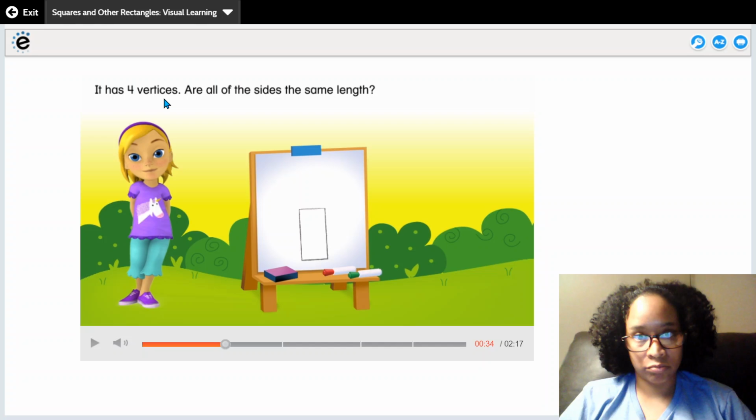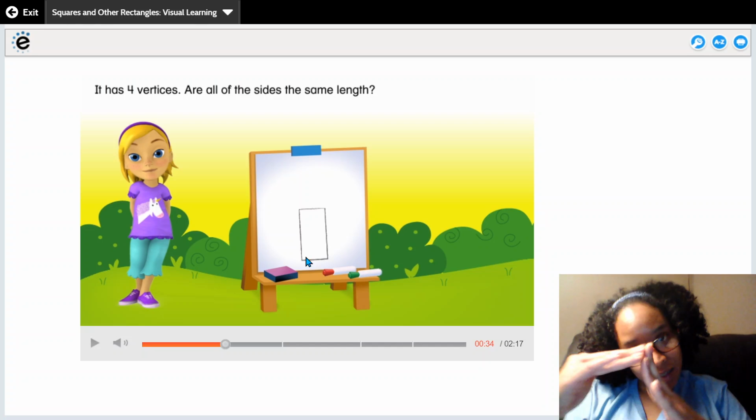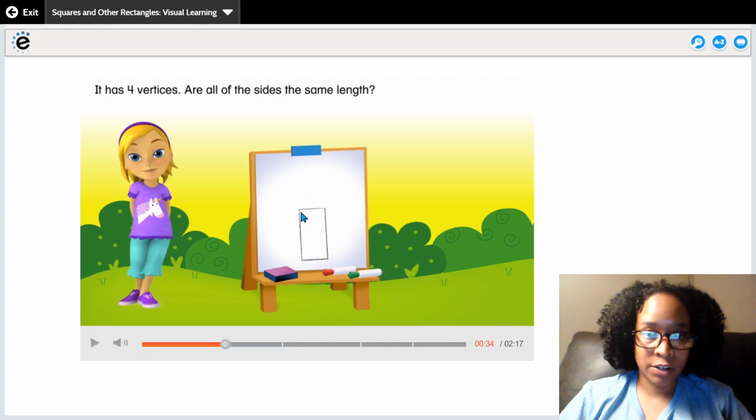And there are actually 4. 1, 2, 3, 4. So vertices is just another way of saying corners or angle or where 2 sides meet. It's just where 2 sides meet to make a corner. So this rectangle has 4 vertices.